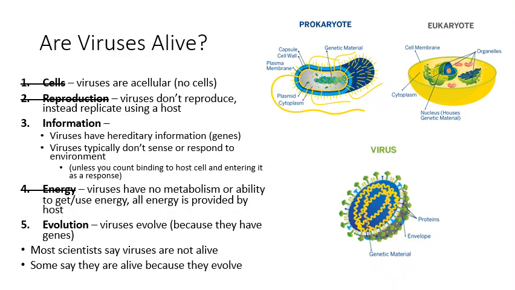They do have hereditary information in the form of genes, but they don't sense information in the environment and respond to it. They don't have energy, so they don't get energy from the environment or use it in any way. They have no metabolism at all. And then fifth, evolution, they do evolve. They have genes that they pass on to their descendant viral particles, so therefore they evolve.